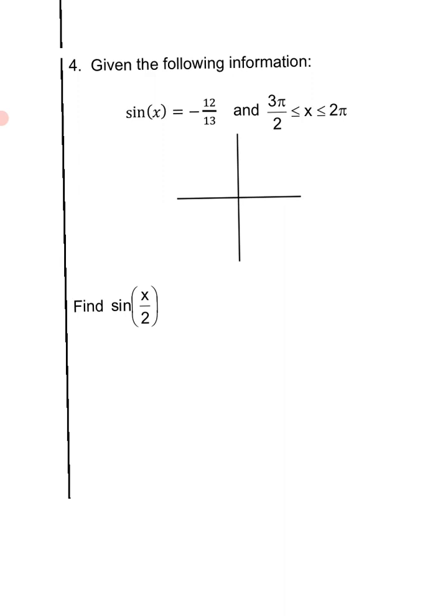So the first thing I'm going to do is look at my boundaries and my trig function, and I'm going to sketch. So 3 pi over 2 is here. 2 pi is here. I'm going to draw my triangle.